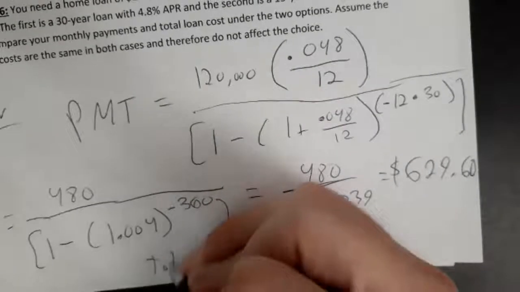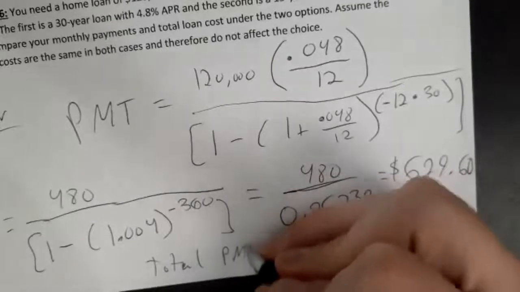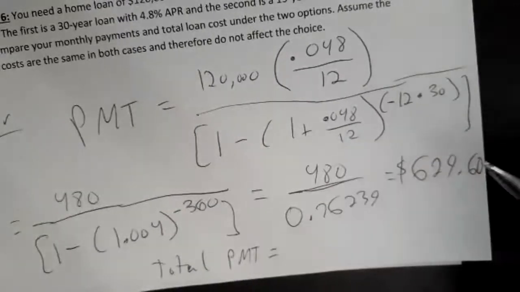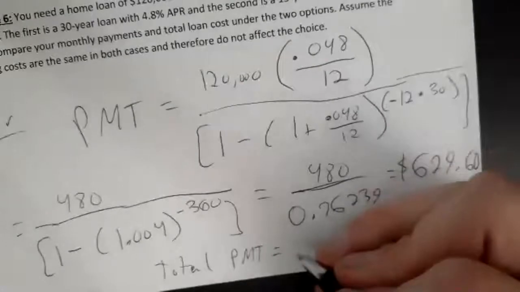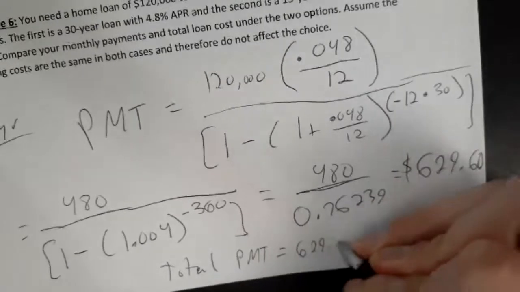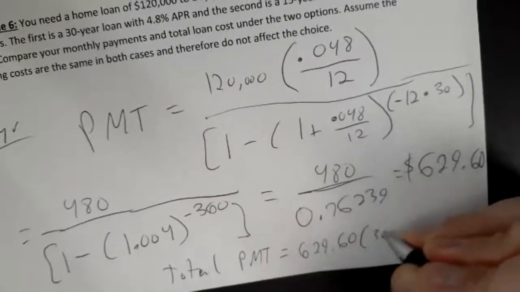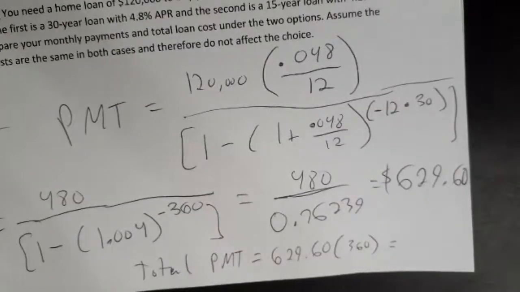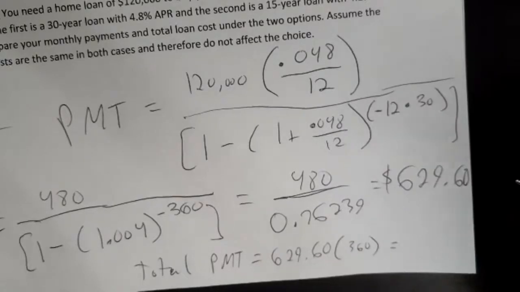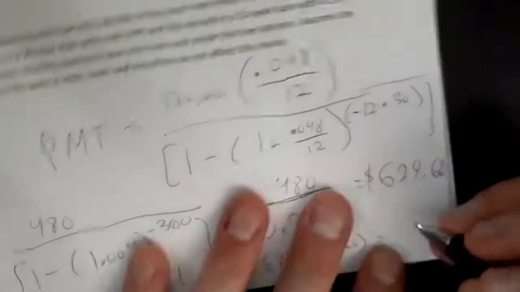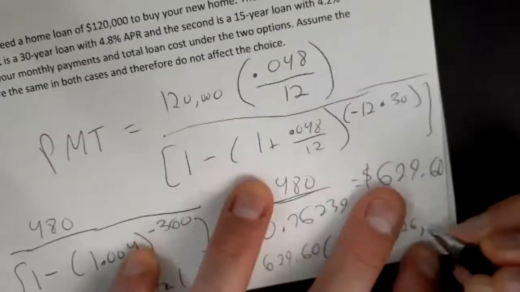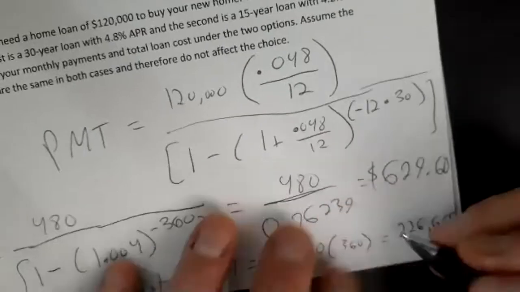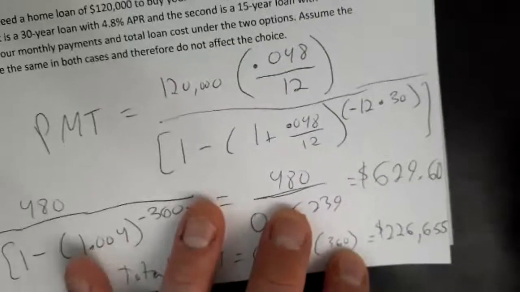If I want to know the total, I'm taking $629.60 and multiplying that by the total number of payments I made, which is 30 by 12, or 360. And there it is.